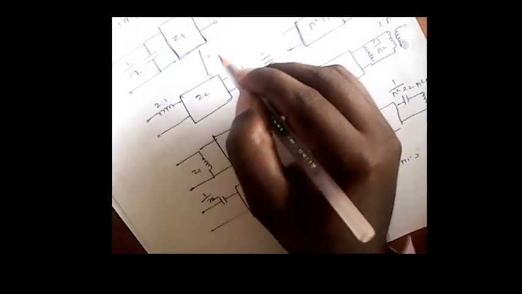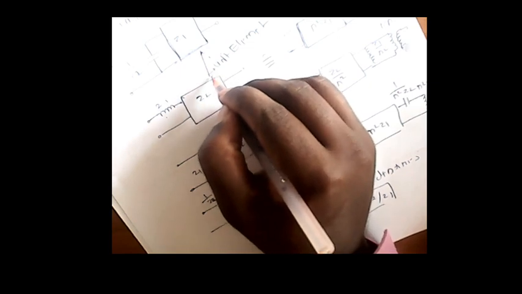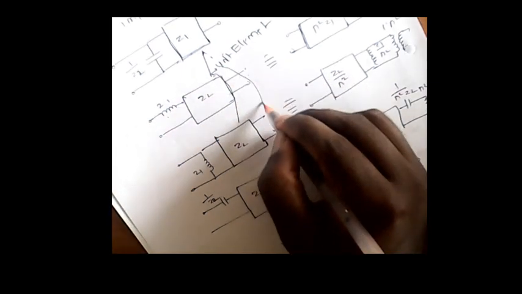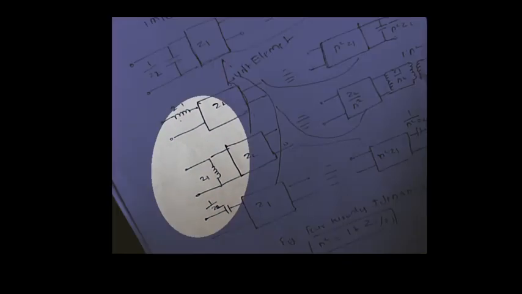Each box is called a unit element. This block is called a unit element. All these are the unit elements of transmission line or transmission line stubs.